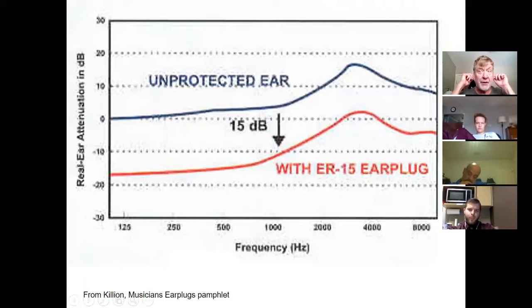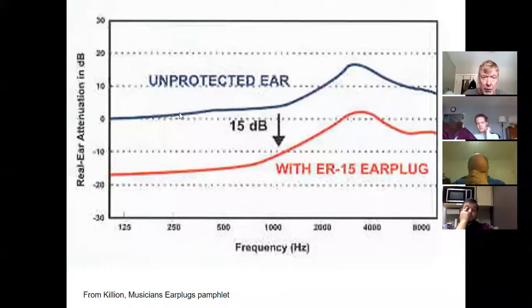The outer ear and the ear canal, quarter wave resonators, remember that? The ear canal being 1 inch long or 2.5 centimeters, because it's open at one end and closed at the other end, it's a quarter wave resonator. It's going to vibrate with sound waves 4 times as long.